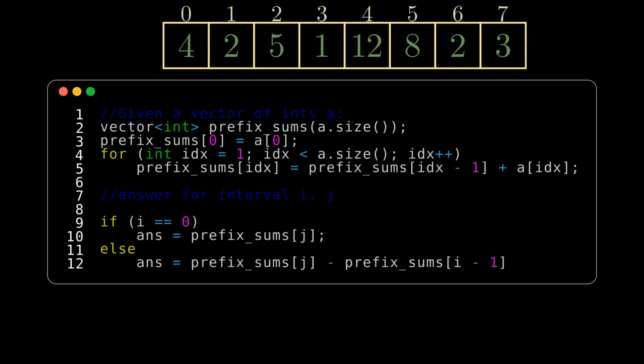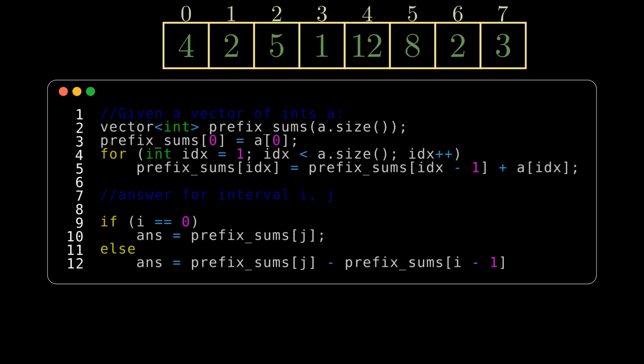So as we saw with the animation, we start by setting the prefix sums of 0 to be equal to A of 0. Then each entry from 1 to the size of the array will simply be equal to the previous entry in the prefix sums array plus the actual value of the array at that index.